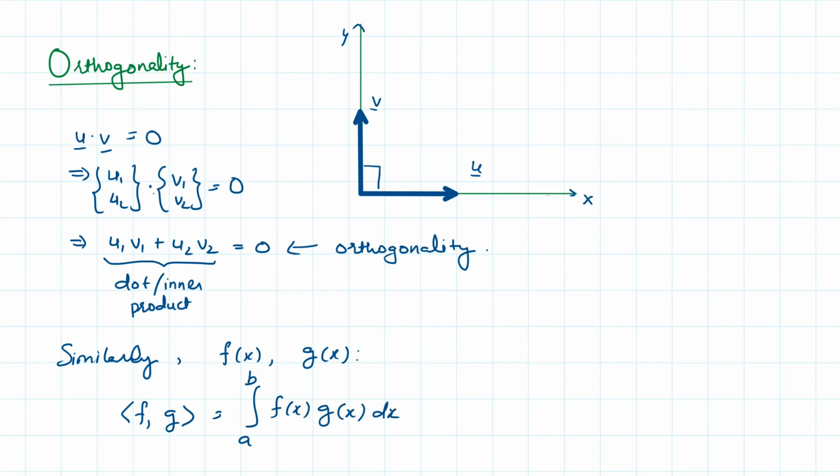It seems strange at this point how we come up with this definition for an inner product of two functions, as compared to the inner product of two vectors. So let's try to clarify this.